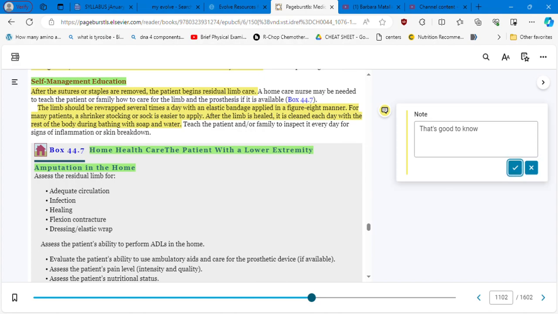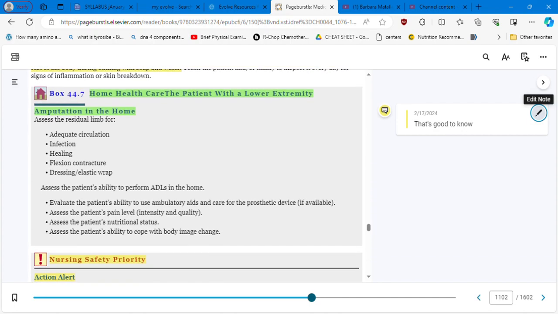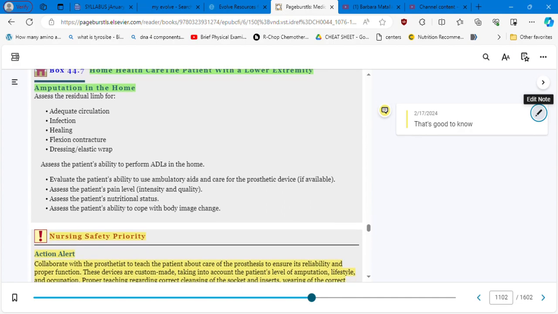For many patients, a shrinker stocking or sock is easier to apply. After the limb is healed, it is cleaned each day with the rest of the body during bathing with soap and water.